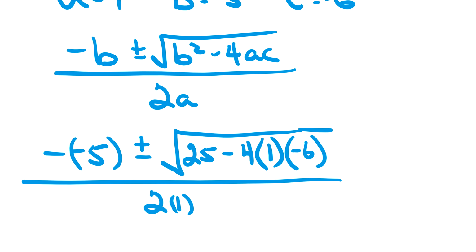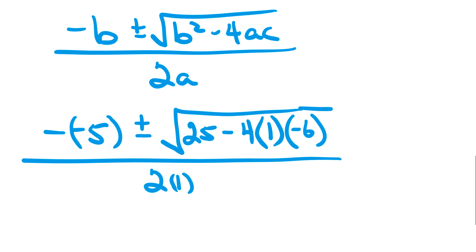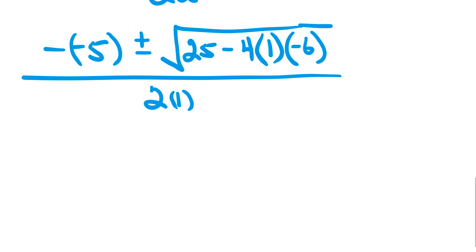I usually like to work with just the numerator because that's the most congested of the two positions, numerator and denominator. Denominator is easy to figure out. All right, so now let's go up to the numerator and rewrite this. So that's going to be positive 5 plus or minus the square root of what's inside here. This is 25, and this is negative 4 times negative 6, so that turns to positive.